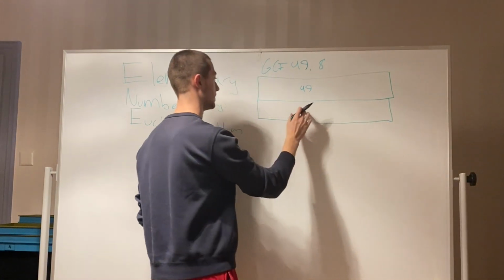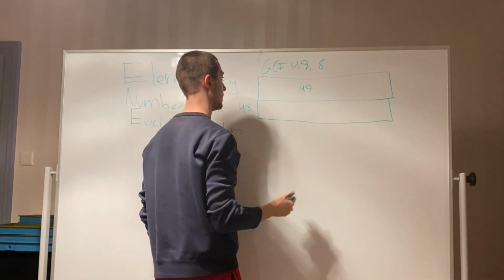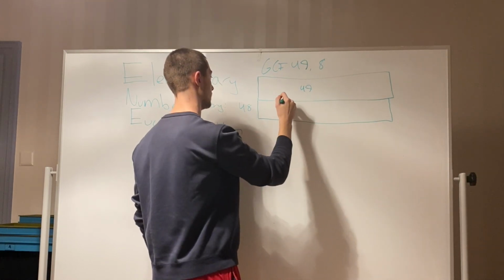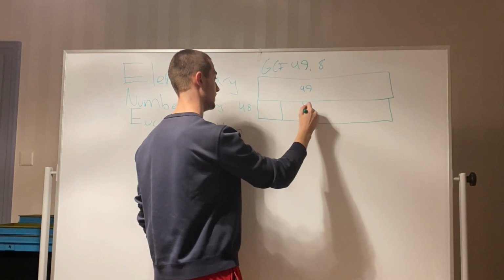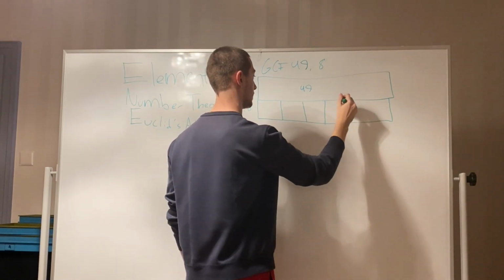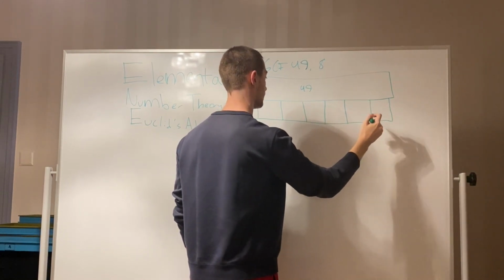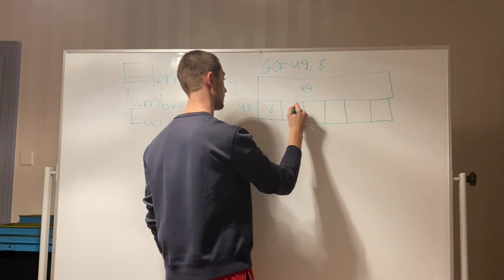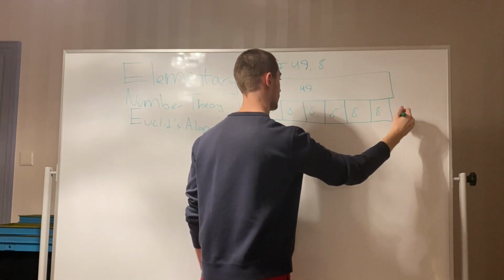And note that this sliver, which represents 48, is a little bit smaller, right? Okay, and we know that 48 is equal to 6 times 8, so we're going to have 6 blocks of 8 go into this. And we have a remainder of 1.